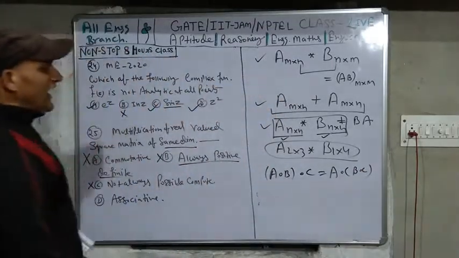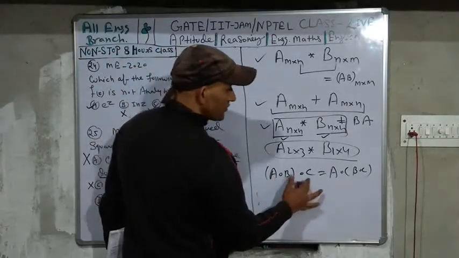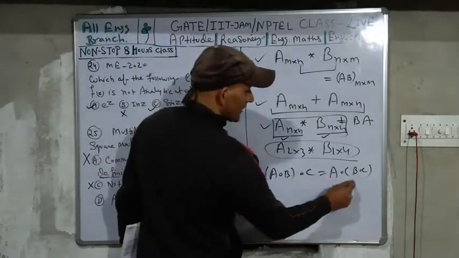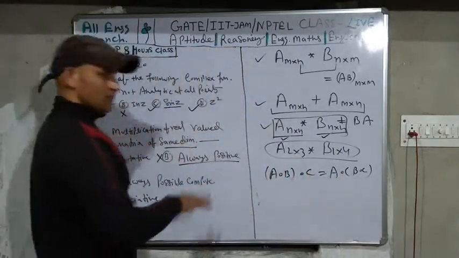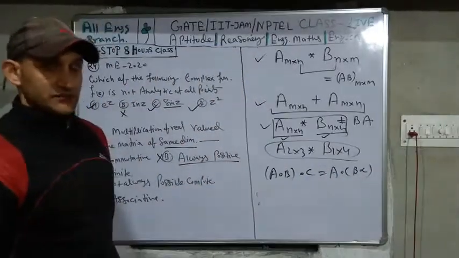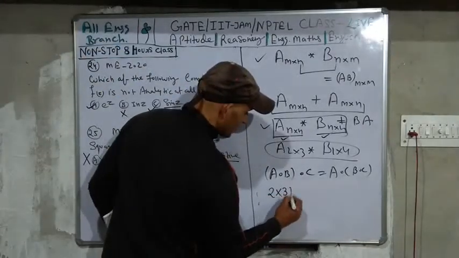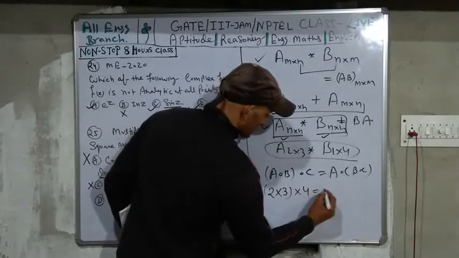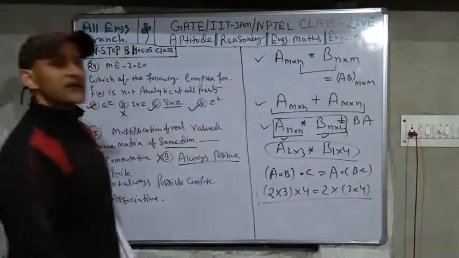Either you compute these two matrices first and then compute with C, or you compute the other two matrices and then compute with A, and you will get the same result. You know that in integers (2 into 3) into 4 is equal to 2 into (3 into 4). Same thing also for matrix multiplication.